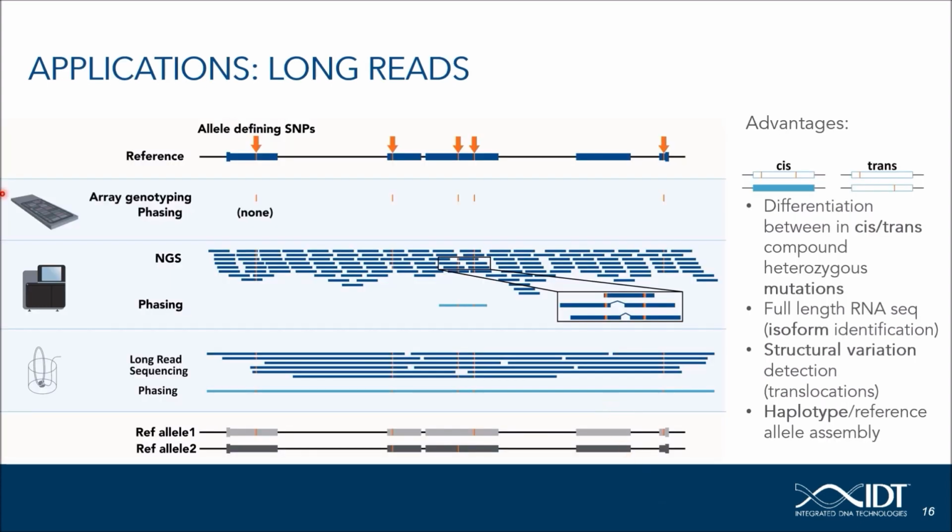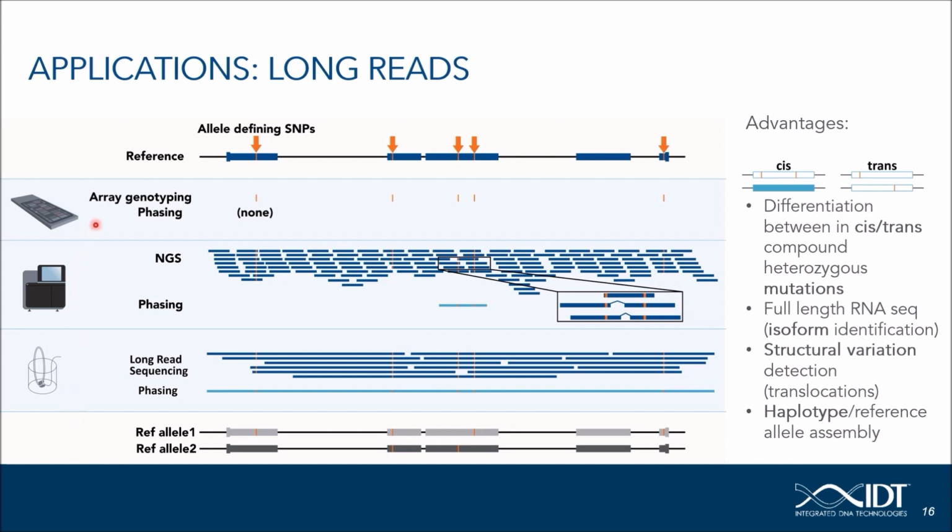So why would you do long read sequencing at all? This slide is meant to show you the difference of some genotyping technologies such as array chip genotyping, next generation sequencing, as well as long read sequencing for a sample with a diploid genome, which is indicated by the presence of 2 reference alleles here.